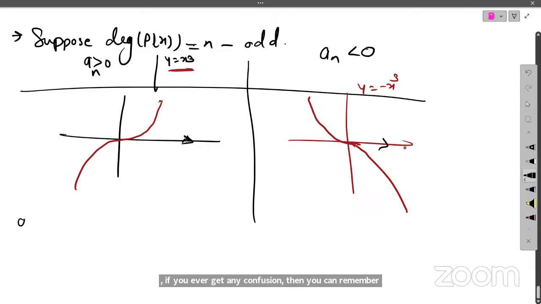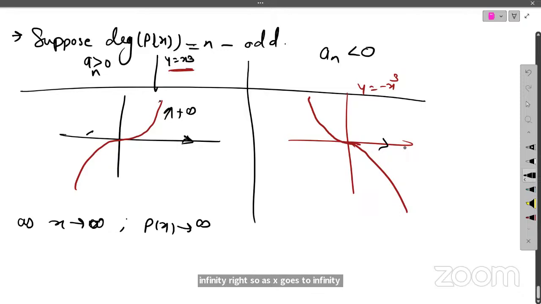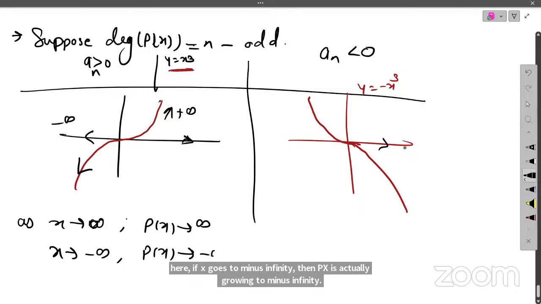In this case, as x goes to infinity, Px is also going toward plus infinity. And if x goes to minus infinity, then Px is also growing to minus infinity.